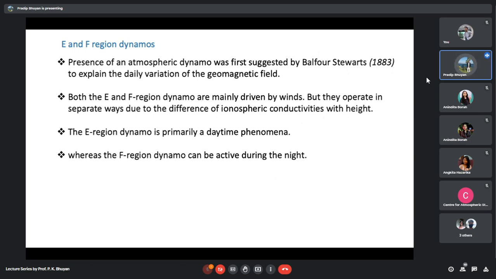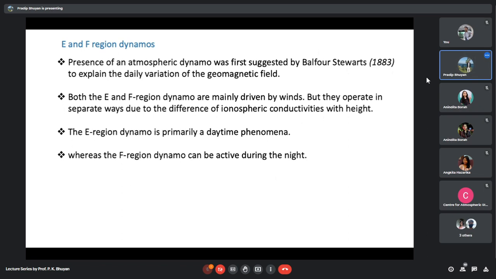So this was the person, Balfour Stewart, 1883. He assumed that there may be an atmospheric dynamo. Why? To explain the daily variations of the geomagnetic field.